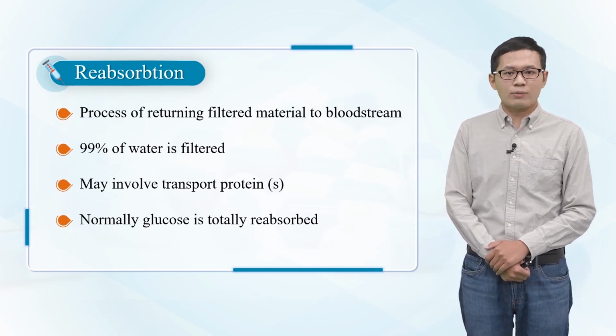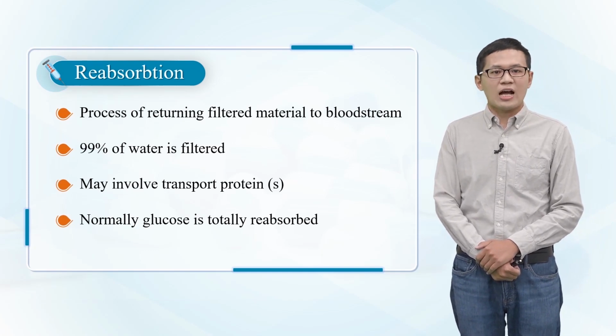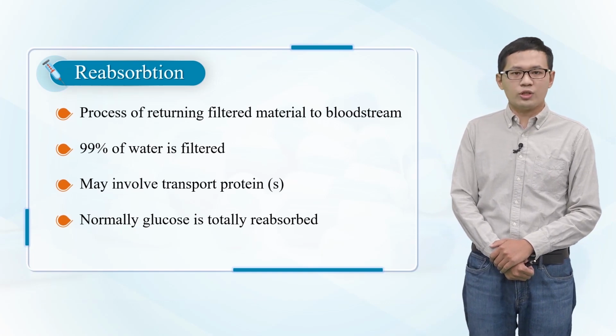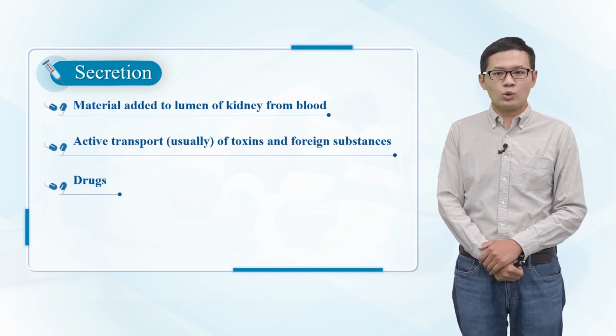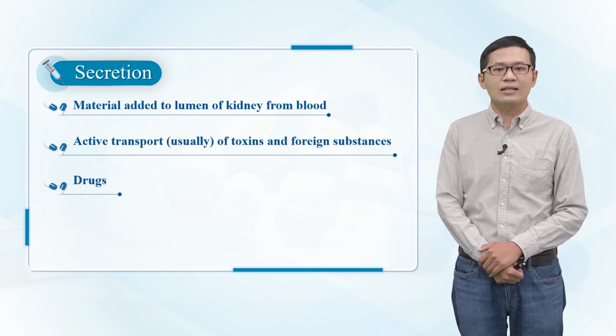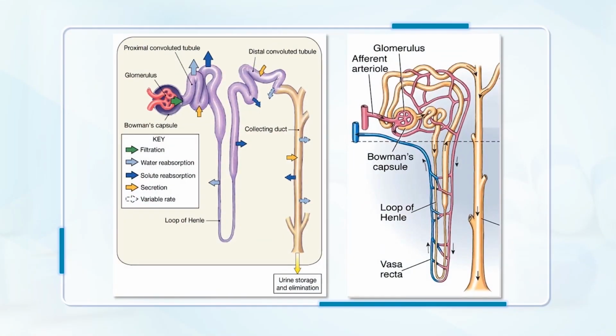About 99% of the water is reabsorbed, and normally glucose is totally reabsorbed. Meanwhile, some toxins and foreign substances, such as some drugs, are secreted into the lumen of the kidney from the blood. So the bulk transport of fluid from blood to the kidney tubule happens in the glomerulus. The water and solutes are reabsorbed and secreted in different segments of the tubules.